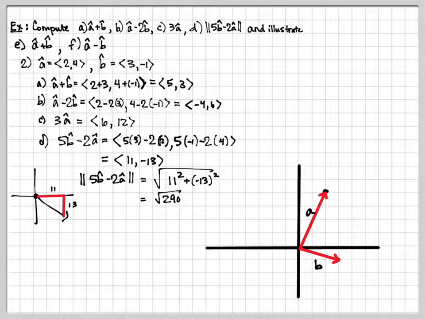Remember that? So what we're going to do is instead of starting our new vector at 0, right, like when I do a plus b, I'm going to start it wherever a ended. So if a ends at 2, 4, that's where I'm going to start my vector b. So instead of going right 3 and down 1 from the origin, I'm going to go right 3 and down 1 from here.